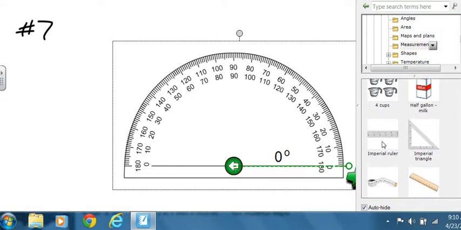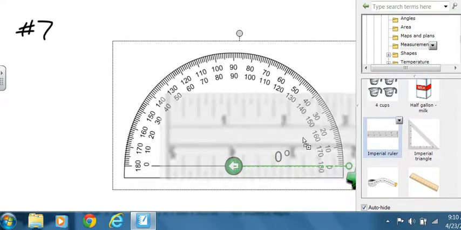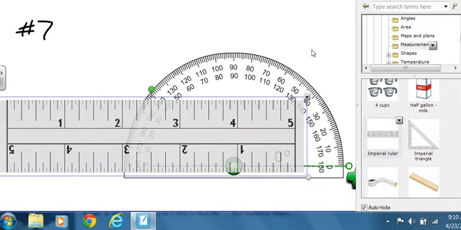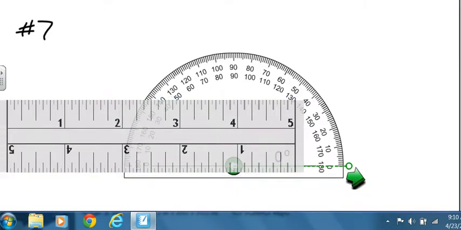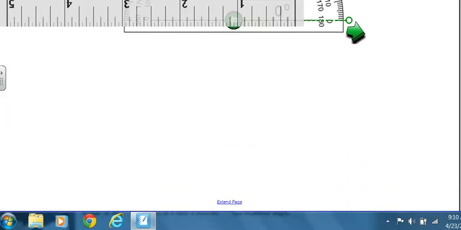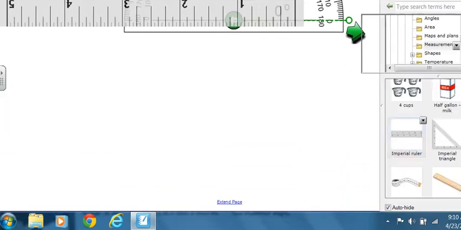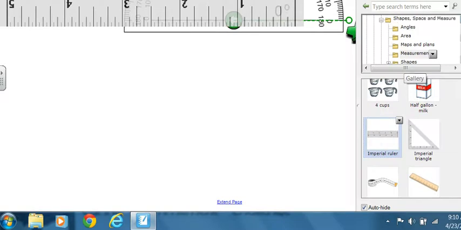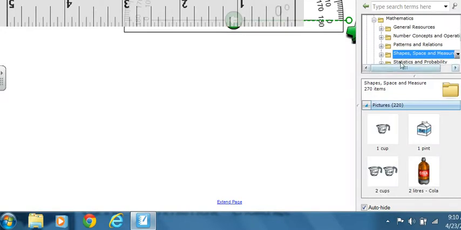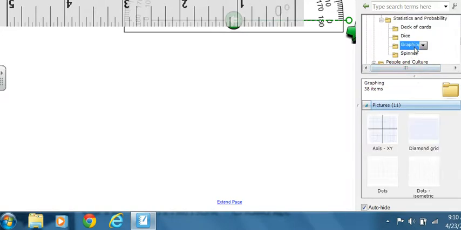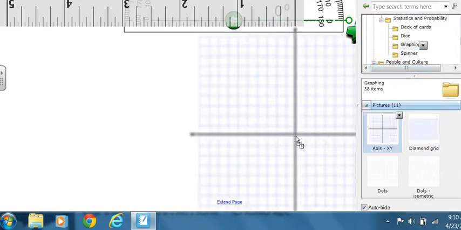There we go, imperial ruler. Okay, so we'll get one of them. Now I've got a ruler and a protractor, and now I need an XY plane. So I'll go back and get an XY plane, which I know is in that guy, graphing XY plane.